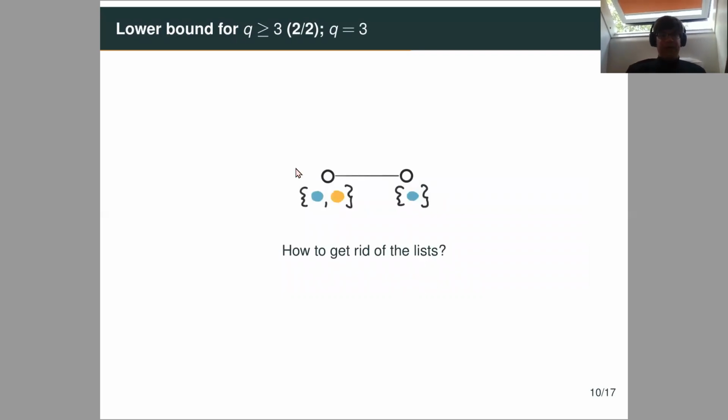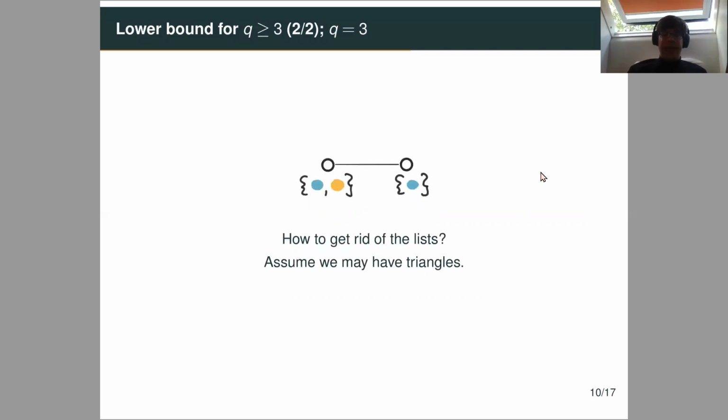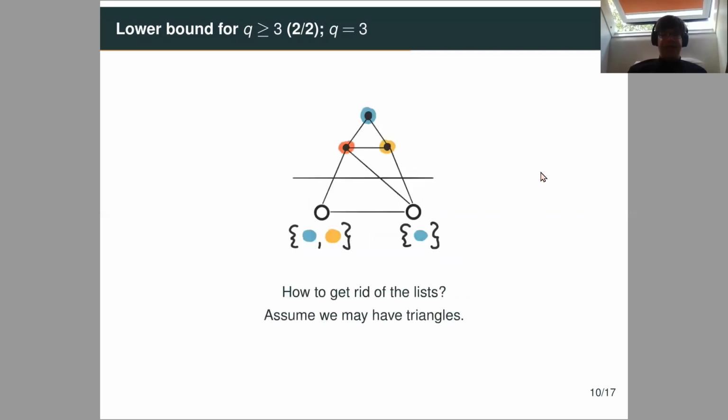Okay, suppose we have this graph here. It's just 2 vertices that are connected by an edge, and each of these vertices has a list. And we are looking at the case when we have 3 colors. Now, if we can have triangles, then there's a very simple trick of how to get rid of the lists, which goes as follows. So we add a clique to the graph where each vertex of the clique corresponds to 1 color in the Q coloring instance.